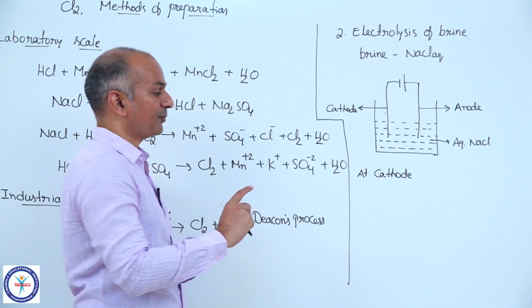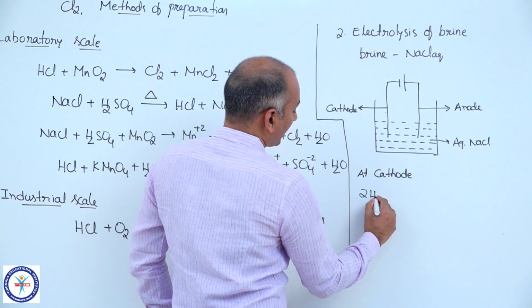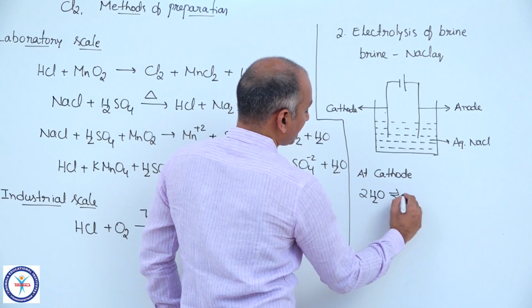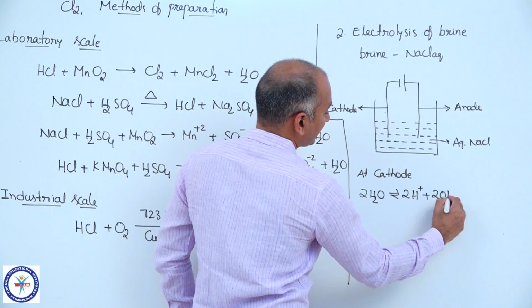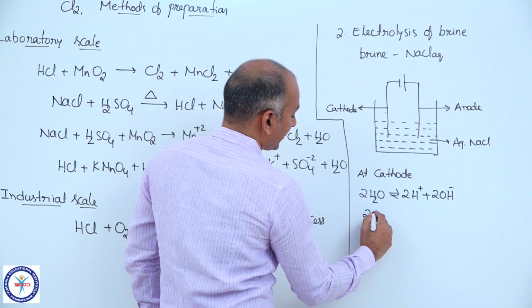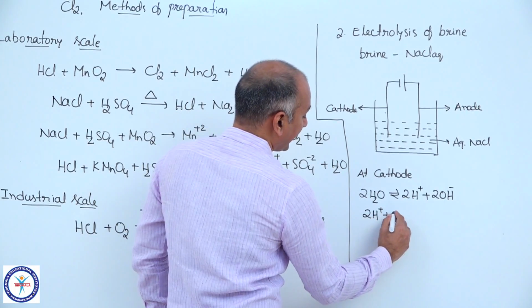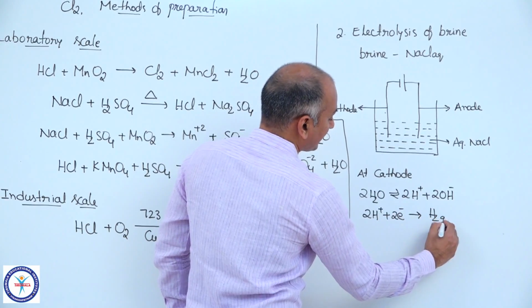So if you come to reactions, now see, 2H2O gives 2H plus plus 2OH minus, and these H plus ions get reduced at the cathode and you will get hydrogen gas.